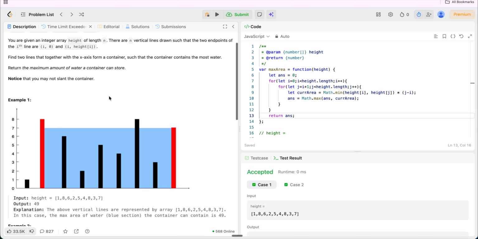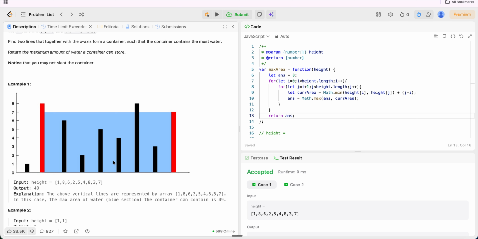Now let's try to understand a better solution. Let's say this is the given set of edges or vertices of line heights. The maximum area can be between the first line and the last line, and if they are of the maximum height, that is the area.